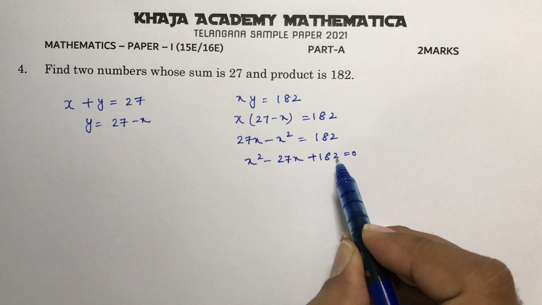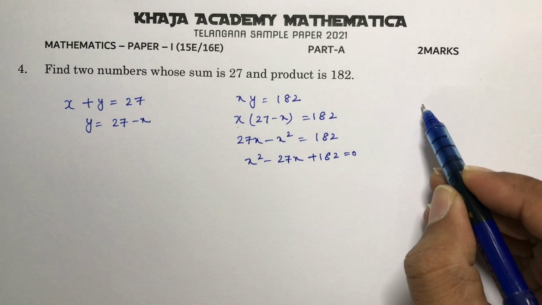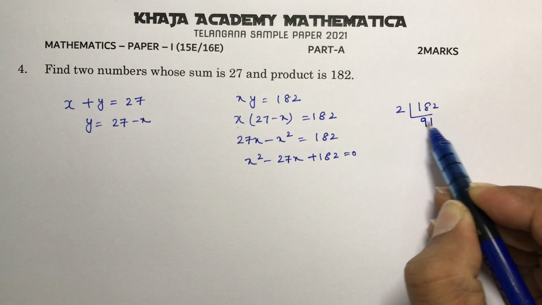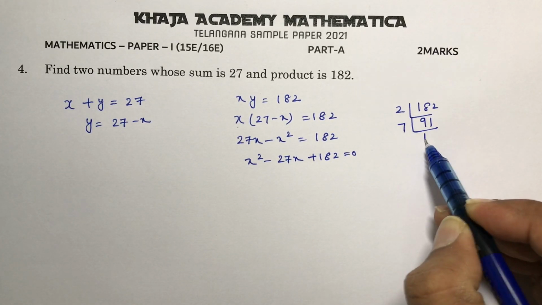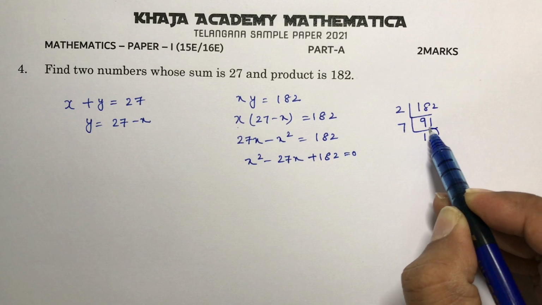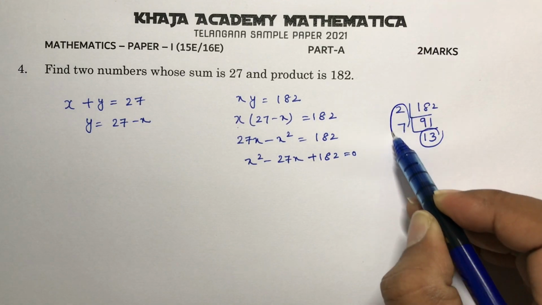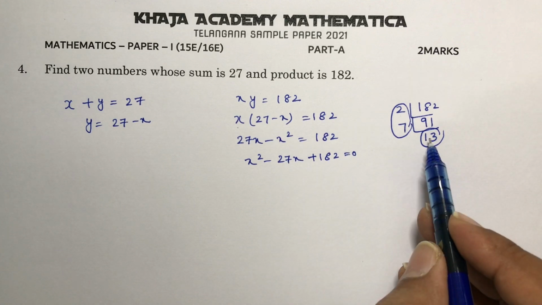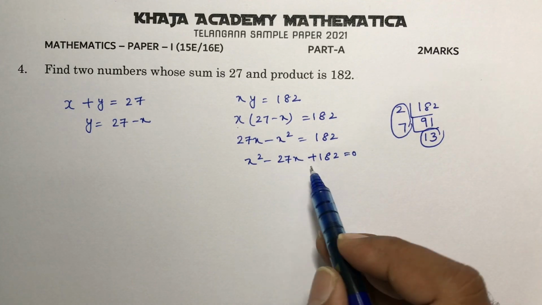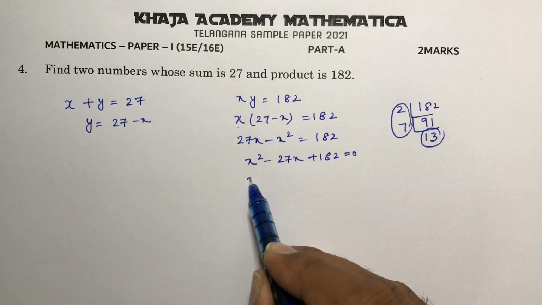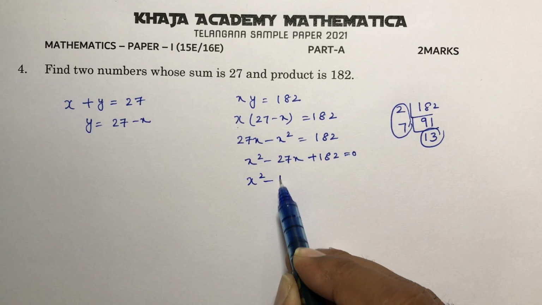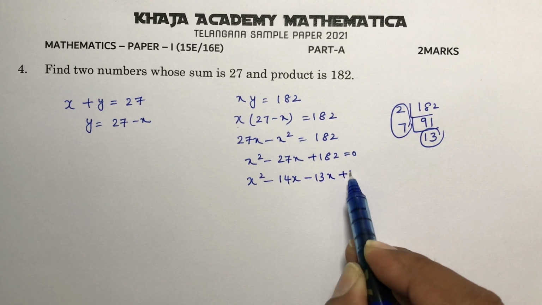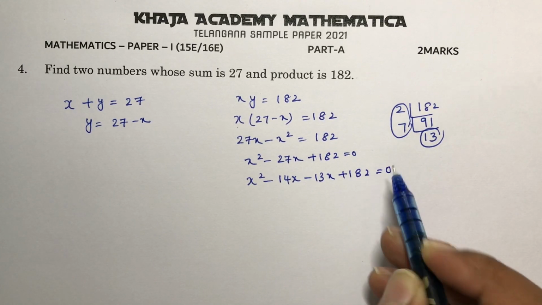Now 182 factors we need to find to get 27. So 182, 2 times 91, 7 times 13. Now if you will see 13 and 7 into 2, 14. 13 into 14 is 182 and minus 13 minus 14 is minus 27. So x square minus 14x minus 13x plus 182 equals 0.